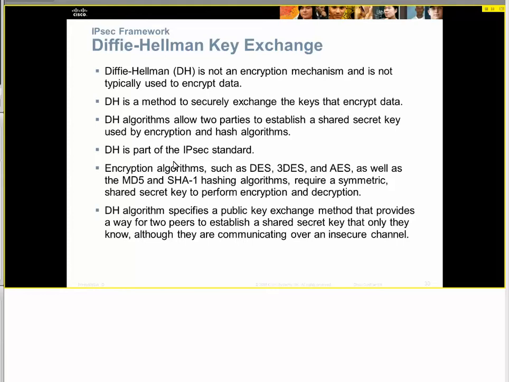So the shared key is what we really care about, but we got to get the shared key to the other end. Diffie-Hellman is what we're going to use to do it. So does that kind of make sense before I go on? Very good then.